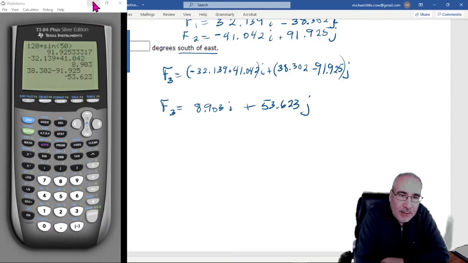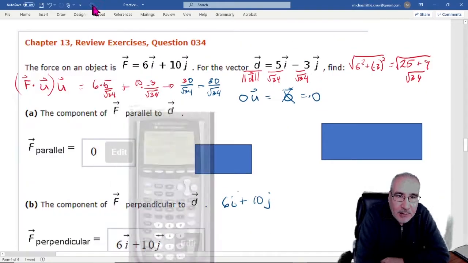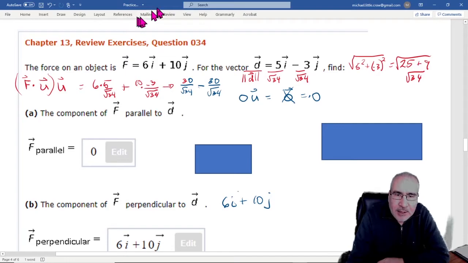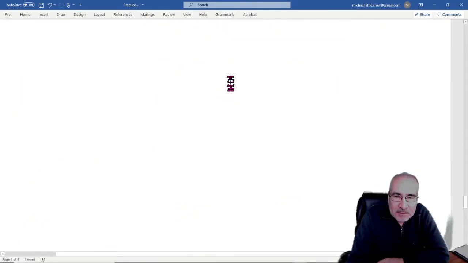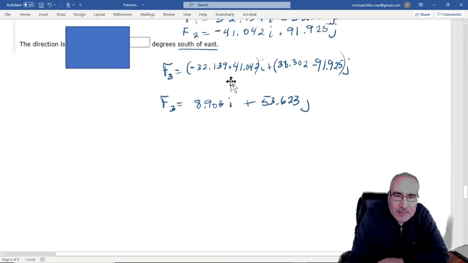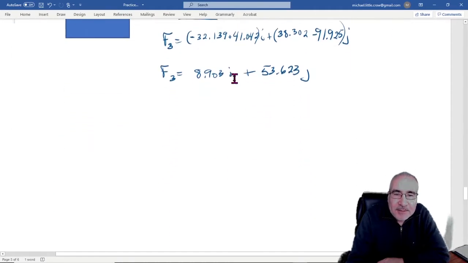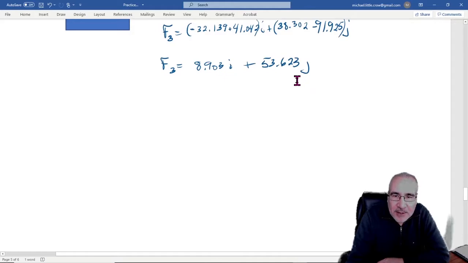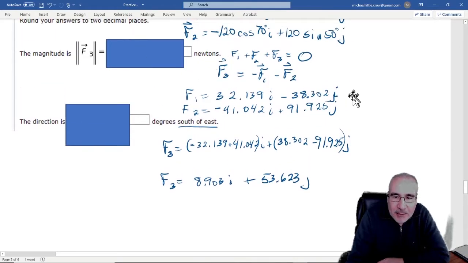Now, if they just wanted the vector, that'd be great, because that's all we need. Why did it jump all the way up there? Come on back. Oh, didn't jump that far. Okay, so those are the vectors we have. Remember, we need its magnitude.